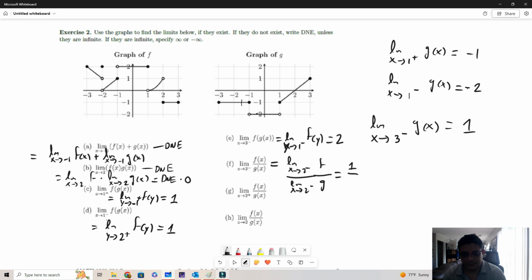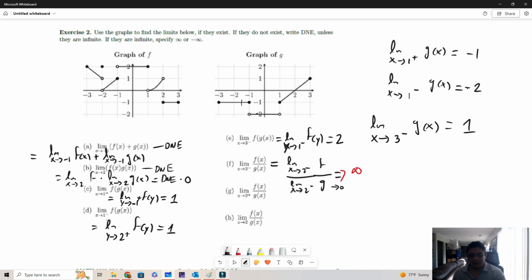And 2 by the left side here of g is going to go to 0. So this is positive and this is going to 0. So overall, the quotient is going to infinity. It's something positive over something that goes to 0, so it could be called infinity.